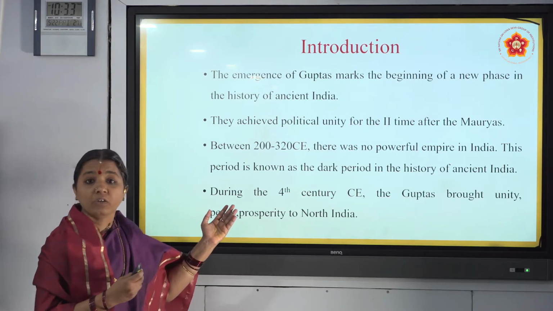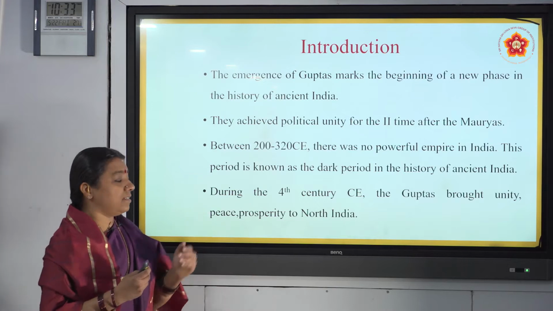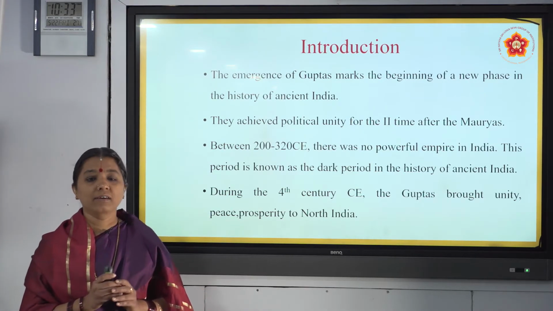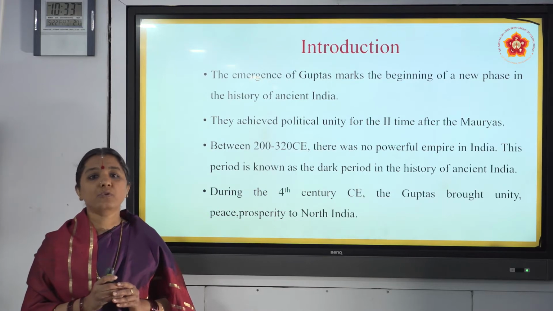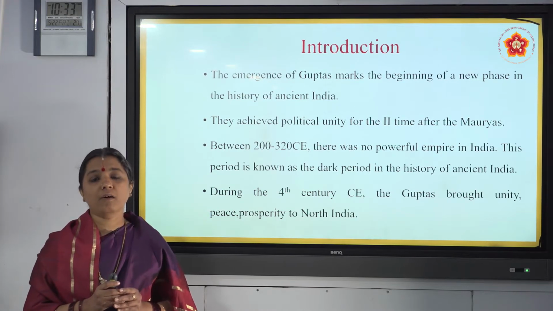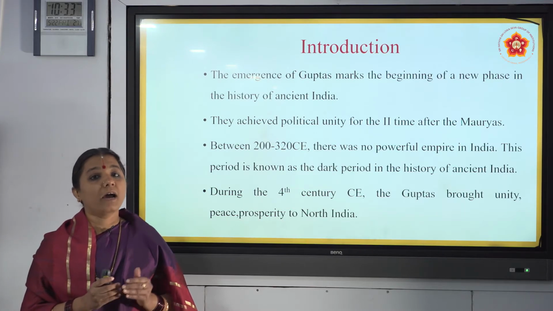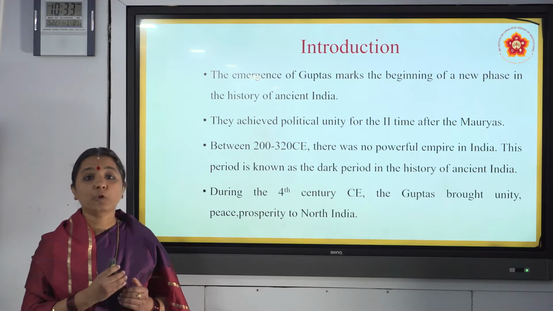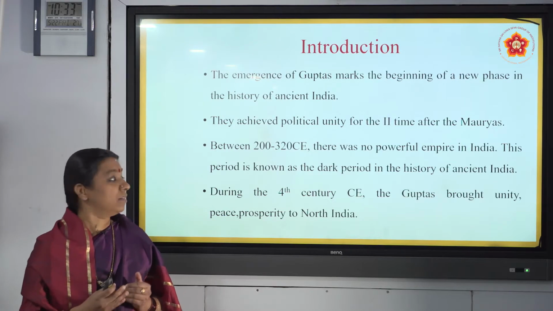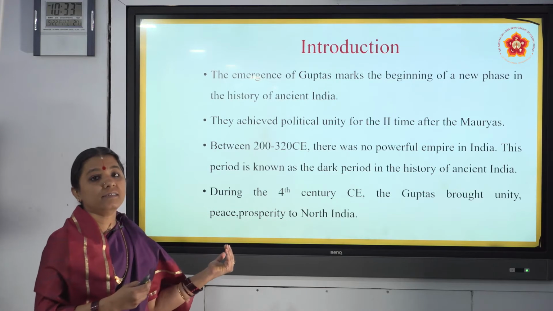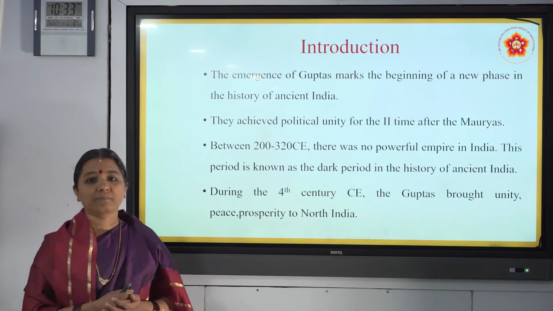Between 200 to 320 CE, there was no powerful empire in India. This period is known as the dark period of ancient Indian history. In the 4th century, Guptas brought back the unity, peace and prosperity to North India.